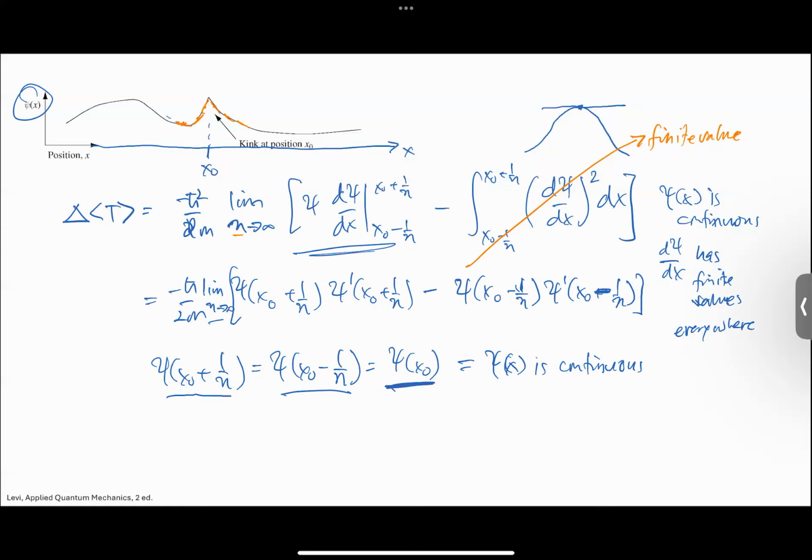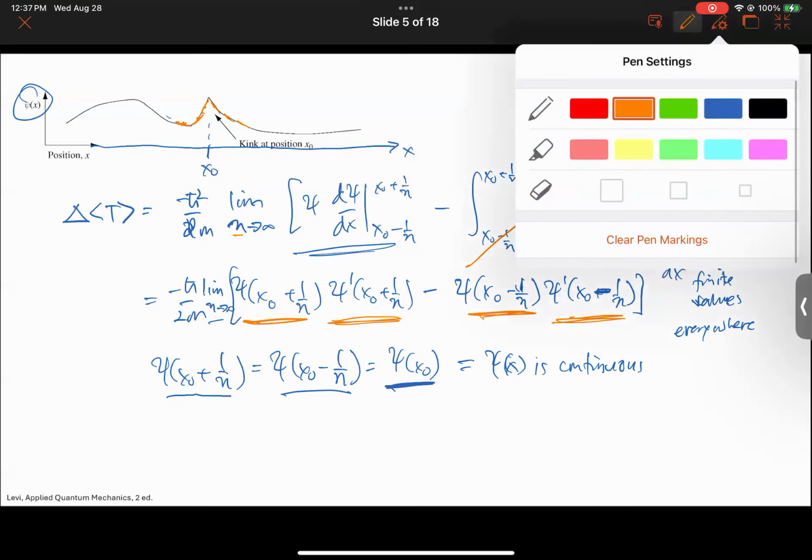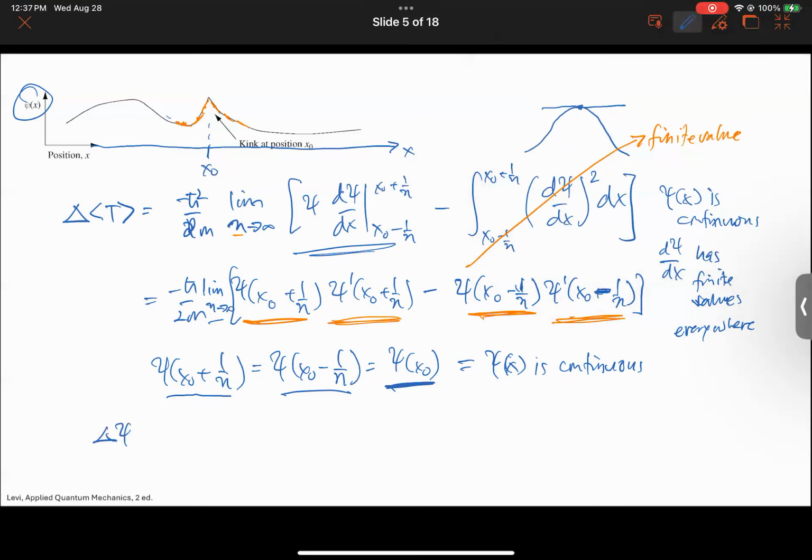Ang problema na lang natin, so ibig sabihin pwede na natin i-factor out ito at saka ito kasi pareho lang naman sila. So ang matitira sa loob ng square brackets is itong difference na ito. Okay, so we can write that as delta psi. So delta psi is equal to psi prime x naught plus 1 over eta minus psi prime x naught minus 1 over eta.